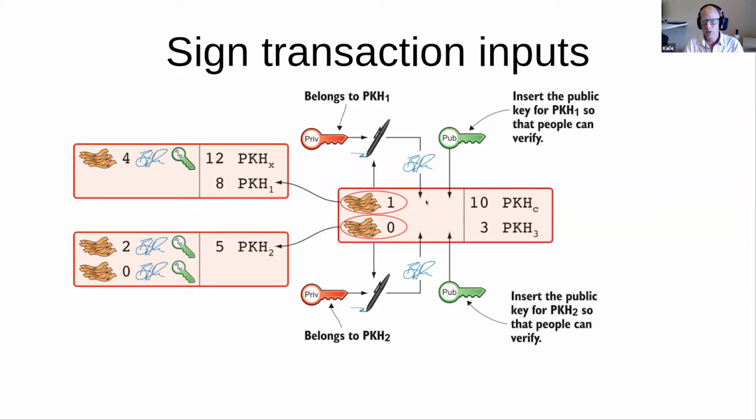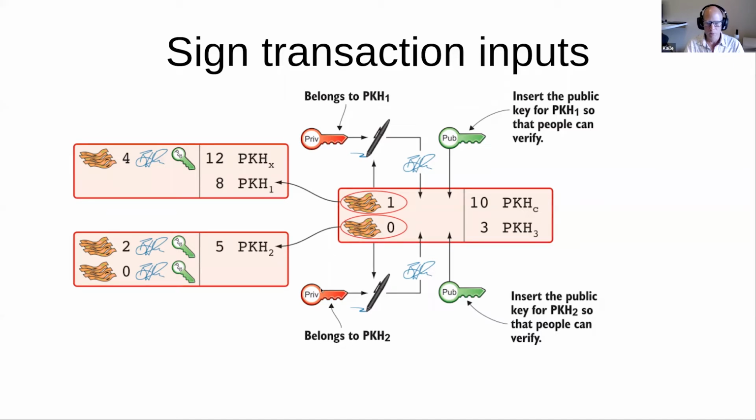He also needs to put the public key here, but he doesn't put it here yet. He waits a bit because he needs to create signatures for all inputs first, and then he can add all signatures. So he creates this signature, and then he does the same for the second input.